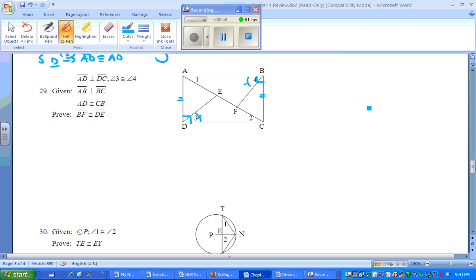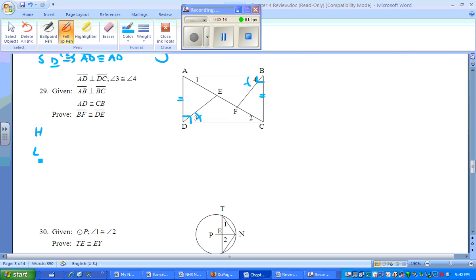Well, when we look at the information that we have here, what do we know? This is a detour proof. We have the right angles, we have the sides, and AC ends up being the reflexive piece.